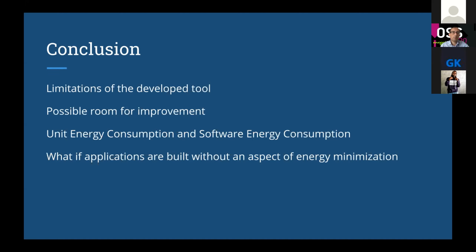And also, using a software-based tool, we don't have a value in an energy metric like watts. We have a value which is relative to other values. So it's not an energy value. We will just have a certain value which represents how much energy this application is using.